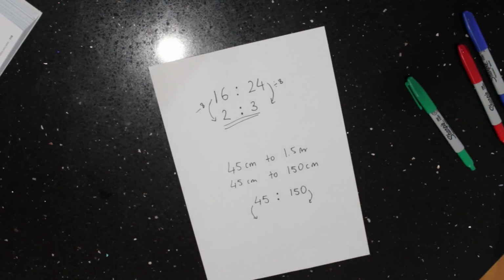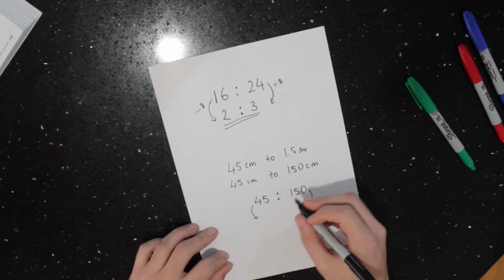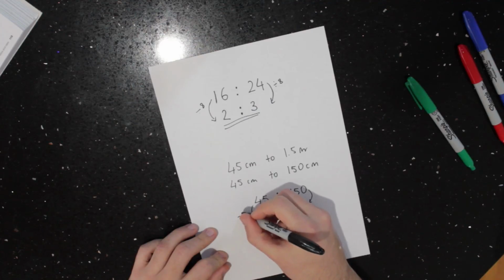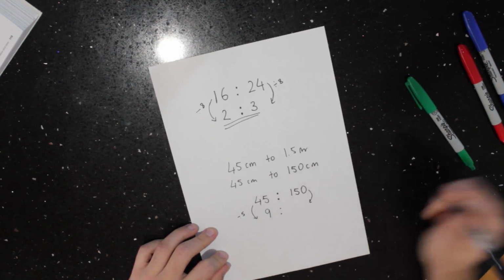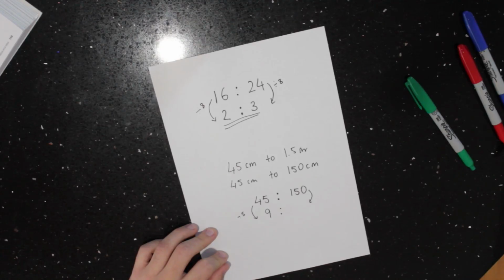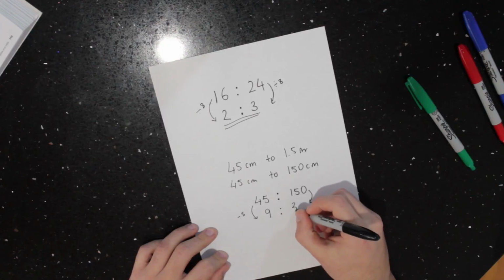Well, I know one ends in 5 and one ends in 0, so they're both going to be divisible by 5. I'm just going to do that first. So 45 divided by 5 is 9, and 150 divided by 5 is 30.